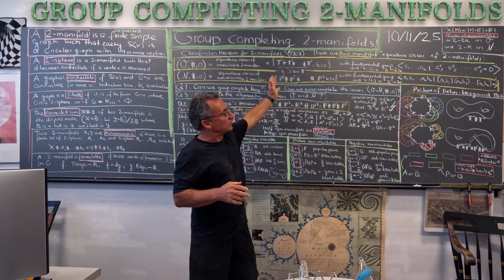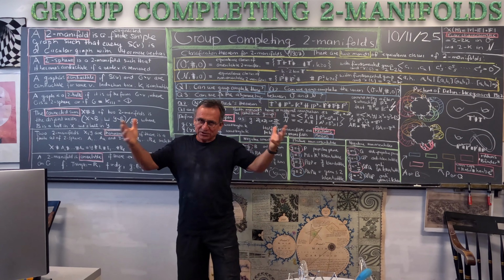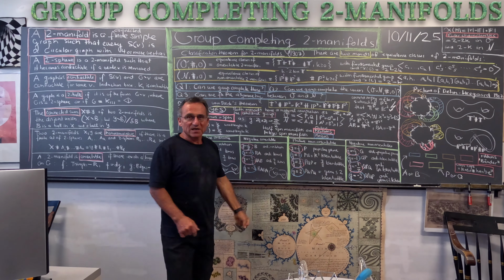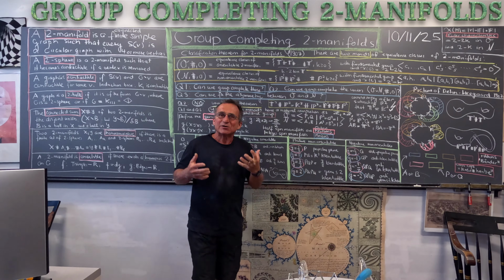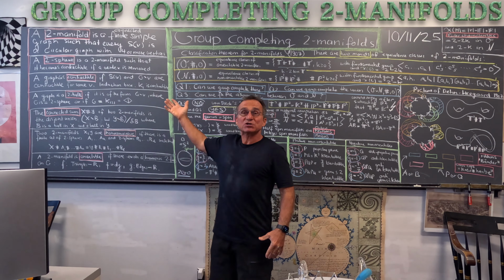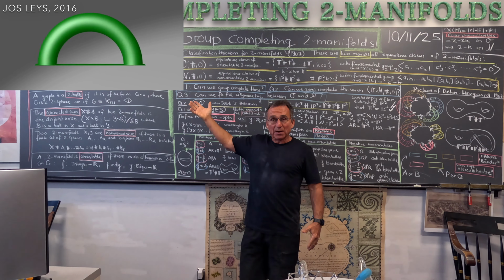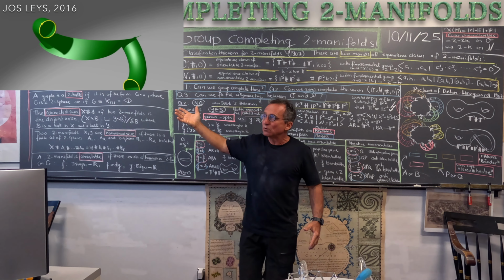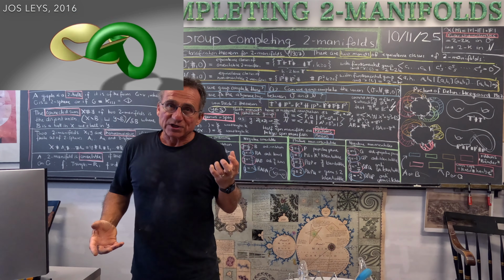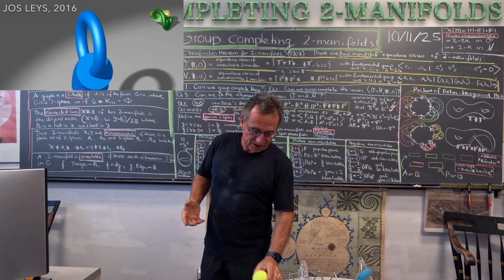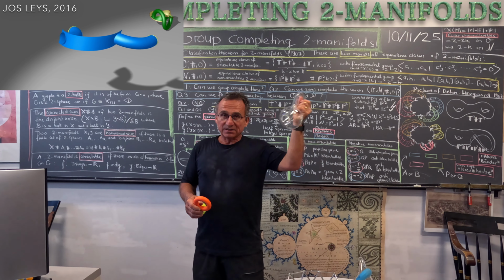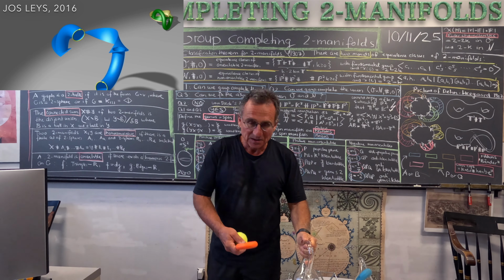I tried also to build a group which contains all the manifolds, but that doesn't work because of Dyck's theorem. It's one of the most remarkable results, and there are many animations you find on YouTube. Maybe I show one here, a beautiful one from about 10 years ago, which shows that if you add a projective plane to a torus, then you get the same thing as if you add the projective plane to a Klein bottle.